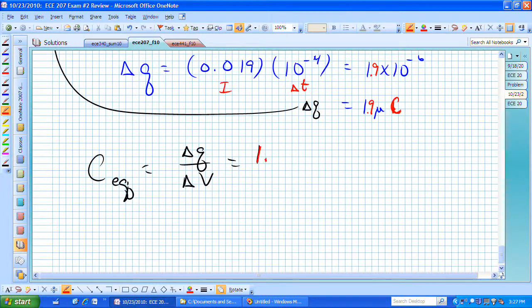That now says that we have 1.9 times 10 to the minus 6. That's our delta Q over our delta V, which was 0.2. This now gives us 9.5 times 10 to the minus 6.